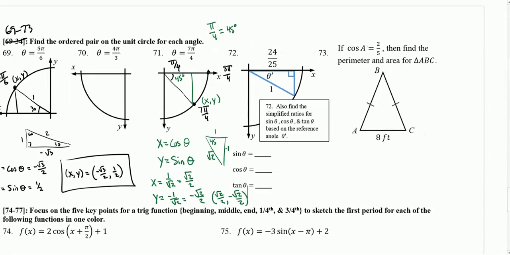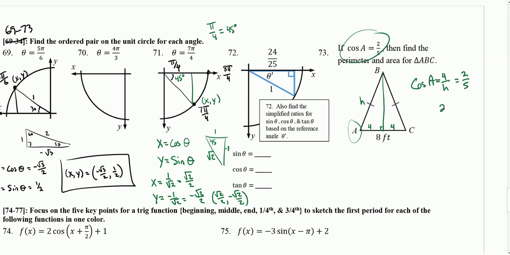73. If we have an isosceles triangle and we draw the altitude, it actually cuts that triangle into two congruent triangles, both with base length 4. We know the cosine of A from our picture is 4 over the hypotenuse. But it also tells us in the problem that cosine of A is equal to 2 over 5.